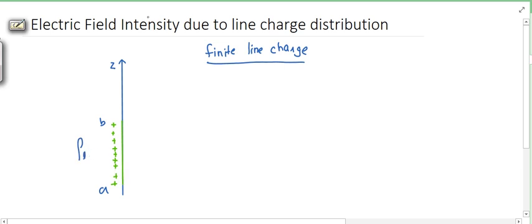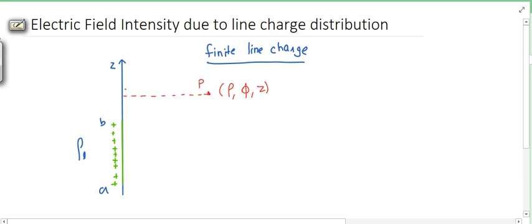And I want to find the field at a certain point. Suppose in the coordinate system I am finding it at this point P, and it has some coordinates rho, phi, and z. So what will be the rho? It is actually the distance from the z axis, as you remember from the cylindrical coordinate system.